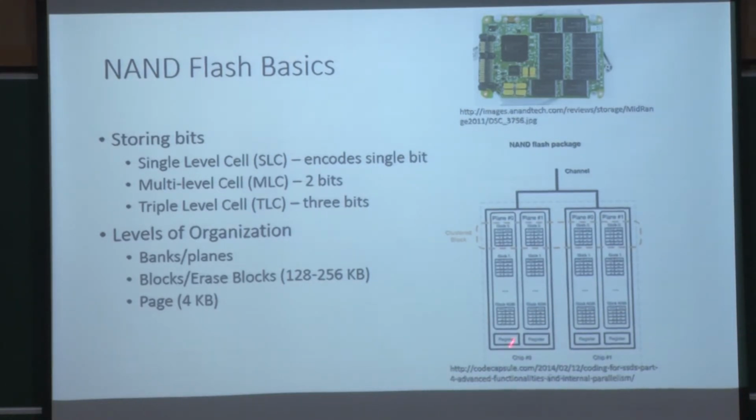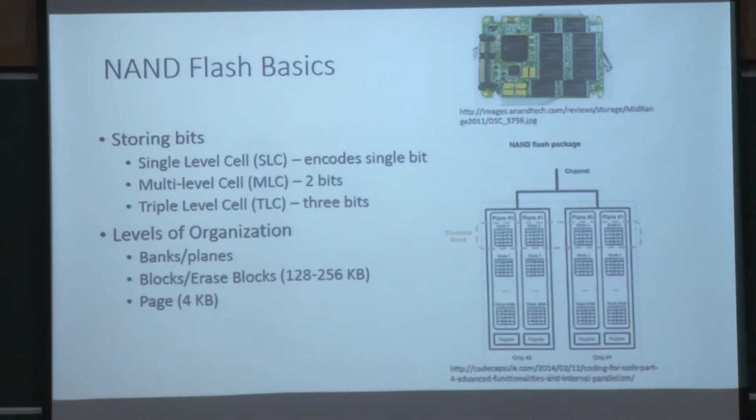Inside each one of these chips, you have a whole bunch of planes, and inside each one of these planes is a whole bunch of blocks. And inside each one of these blocks are pages. So from a top-down perspective, on the inside of an SSD you would see chips, then planes, then blocks, and then pages.